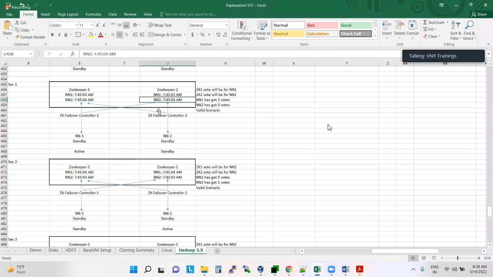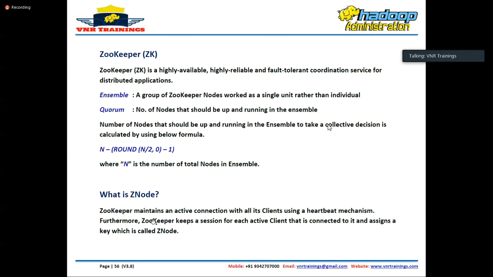Got it? So that is called a G node. When I say G node, it is a token number. Zookeeper will allocate one token number to each and every client connected to it, and that token number is called a G node. Understood?